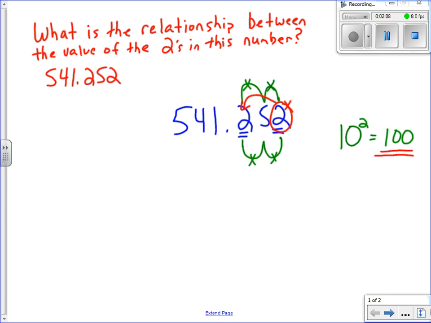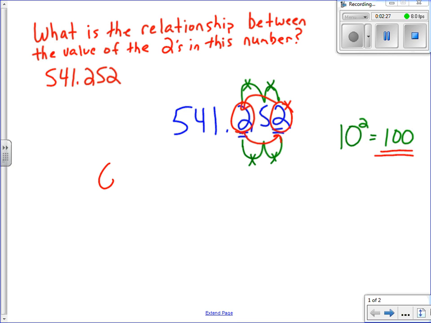Now I can always go the other way, and I could say the 2 in the tenths place value is 100 times greater than the 2 in the thousandths place value. Okay, so let's practice with another number down here.